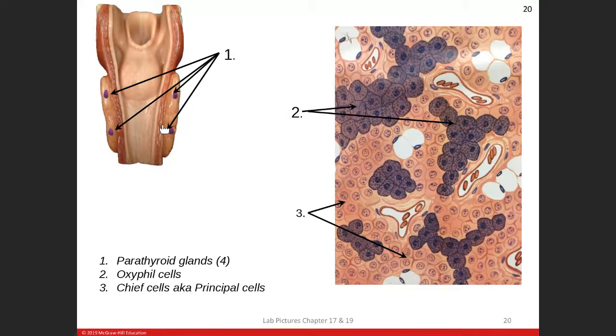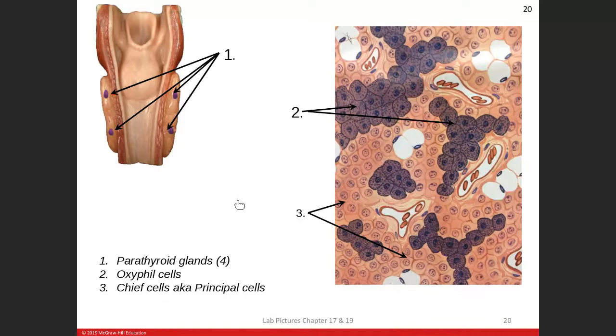And in our parathyroid glands, you've got two cell types, and we'll get into this stuff in lecture, so don't sweat it. The darkly stained ones here are the oxyphil cells, and the other cells that are much more abundant are the chief cells, also known as the principal cells. This is the last slide, so I'll give you a chance to write that down.